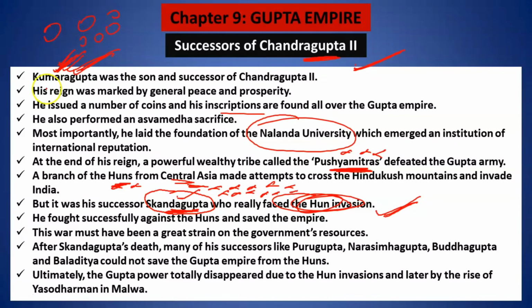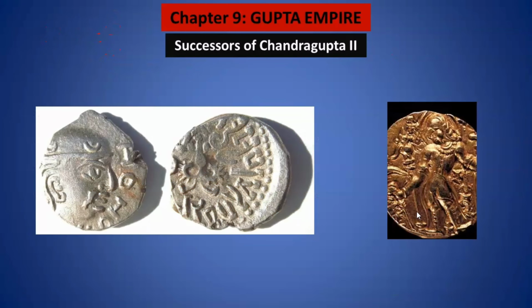During Kumar Gupta, silver coins became important. And then when Skandagupta came, he wanted to show to the people that no, I will give you back gold coins. But then it is being said that the gold coins under Skandagupta were not very pure, and a lot of mixing was done. All right, I hope this point is clear.